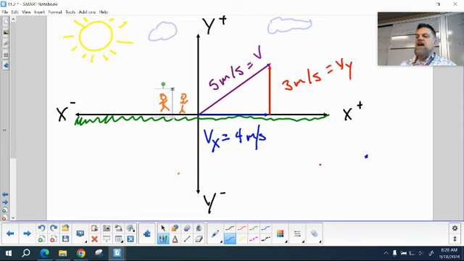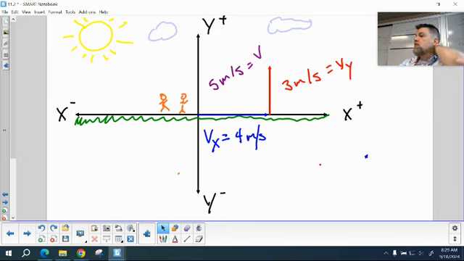Most of the time, when you go to do this, they don't give you this. On most of the homework problems that we're going to do at first, you're going to have these two items and you have to figure out what the resultant vector is. But at some point, you're going to have to know how to break it down into the x and y direction. What's the relationship between those?